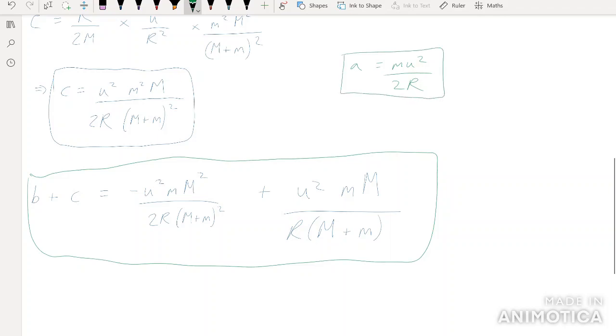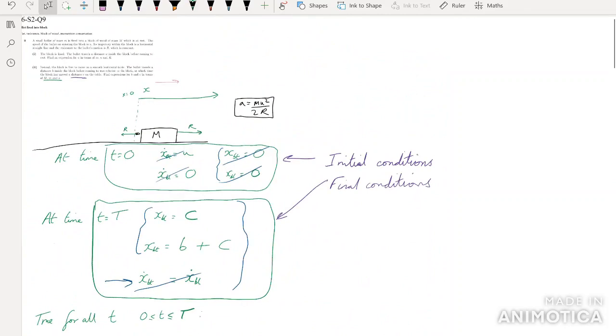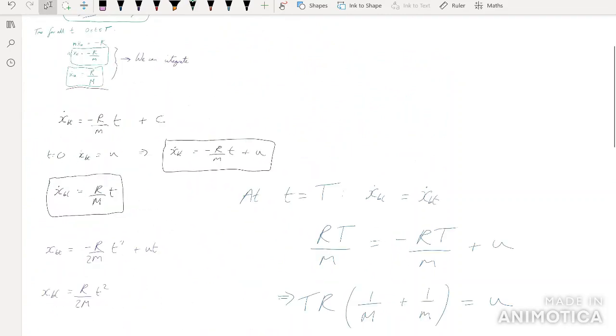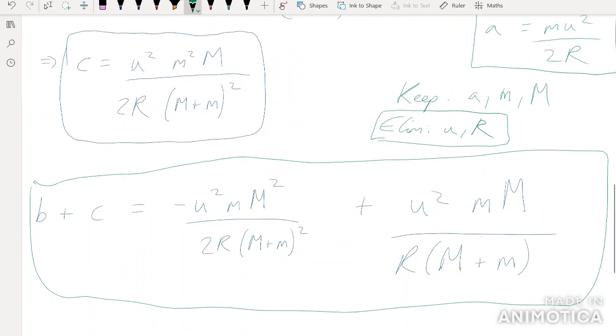And so we're basically done. We just need to make sure we get rid of anything we don't want in the answer. So we want to keep A, M, and M. So in other words, we need to eliminate from our answers, well, we don't want any U's in there, and we don't want any R's in there. And so once we get rid of those, everything should work out.